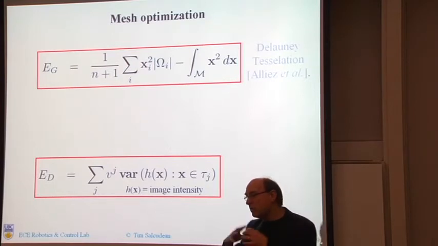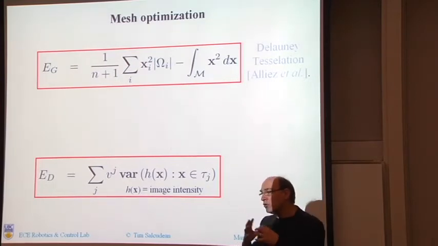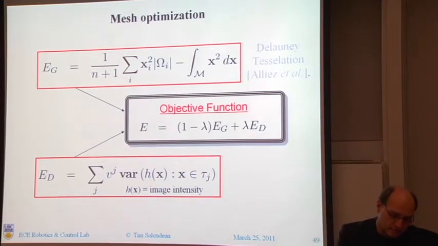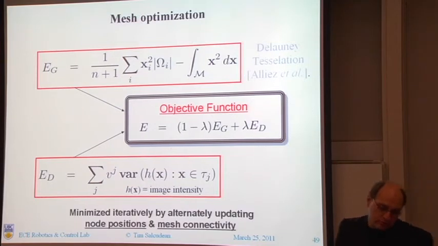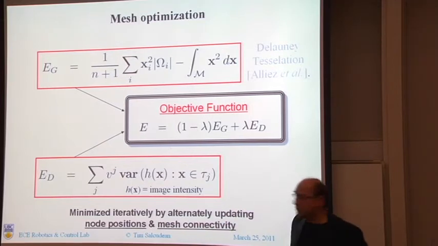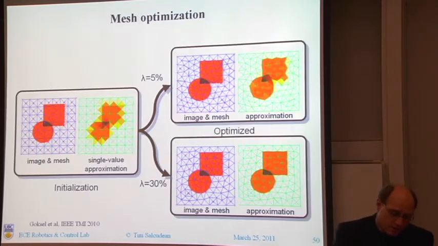So the more the image changes in the element, the more you penalize that with an energy function. And then you combine these two, and you minimize this iteratively by alternately updating node positions and mesh connectivity.